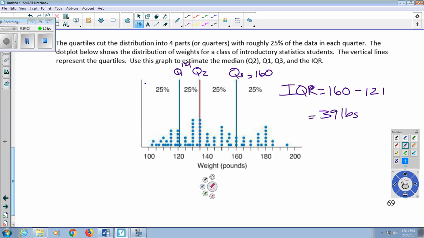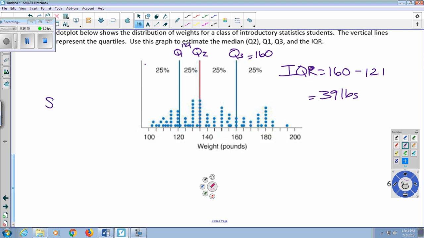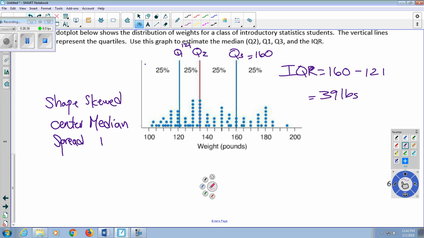Okay, so that really wraps up this section. The summary of the section is that when you're looking at your distribution and your shape is skewed or you have outliers, your measure of center will be your median, and your measure of spread will be your IQR.